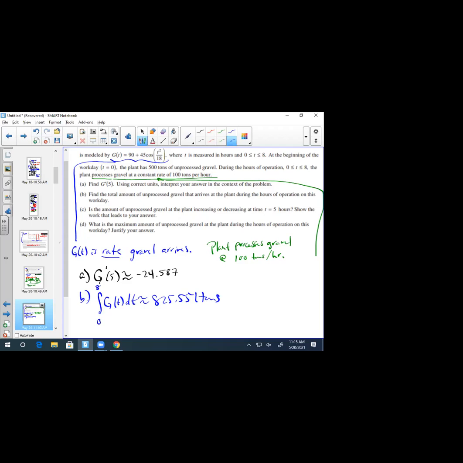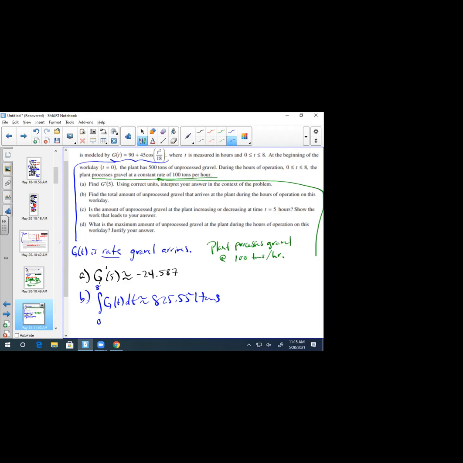G of 5 minus 100 is the rate that the amount of unprocessed gravel at the plant is changing. So anyway, G of 5 ends up being 98.140764, which is less than 100.